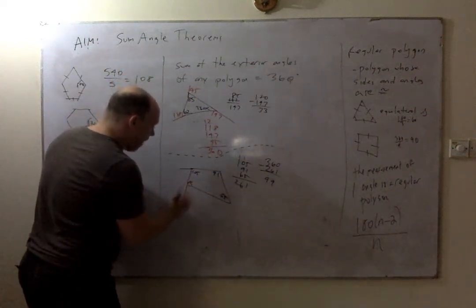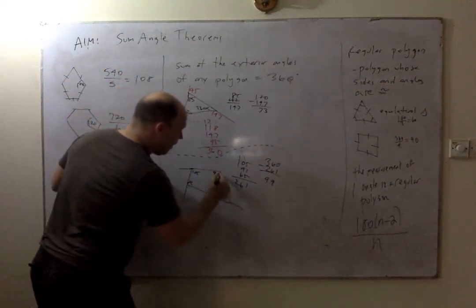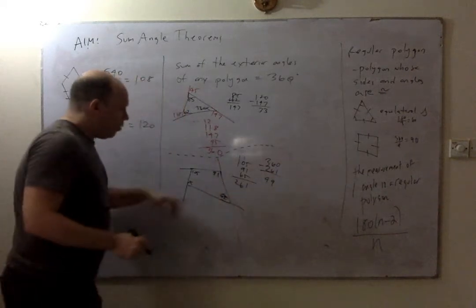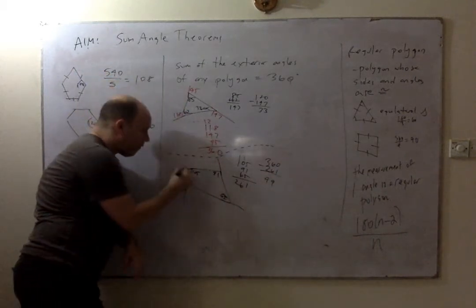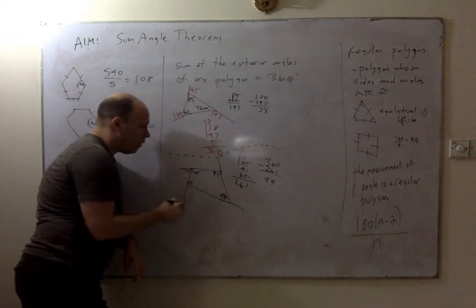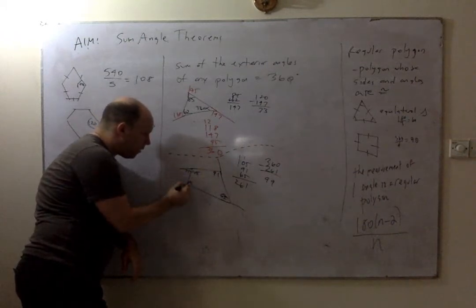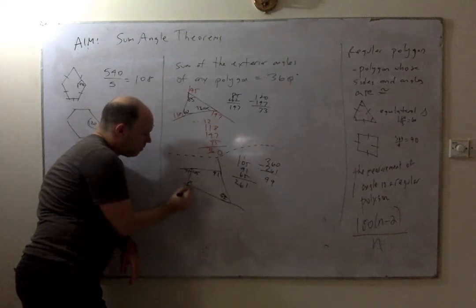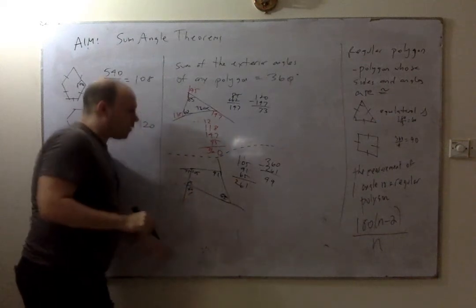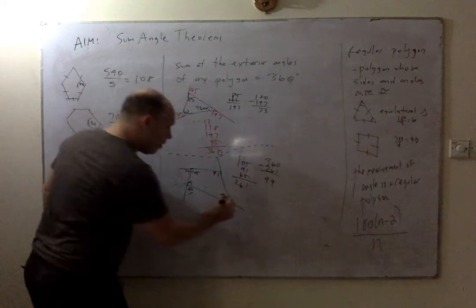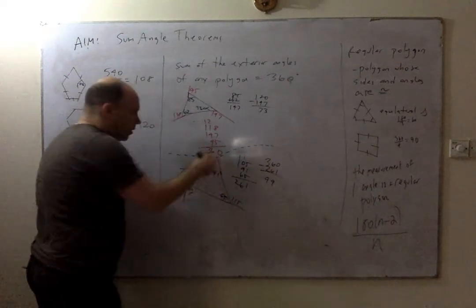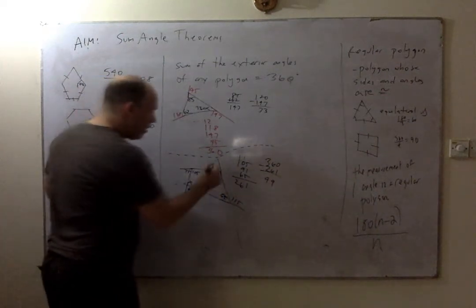Extend, extend, extend, extend. What is the supplement of 105? 75. What is the supplement of 99? 81. What is the supplement of 65? 115. And what is the supplement of 91? 89.